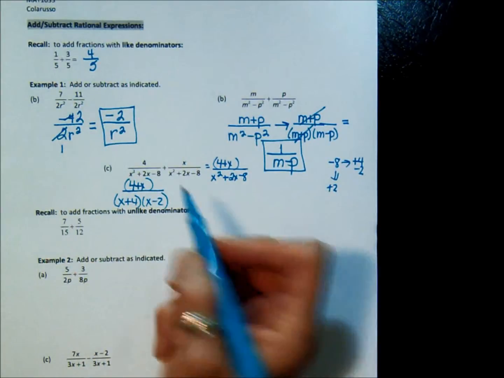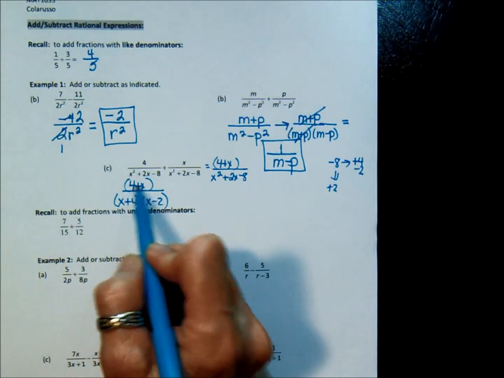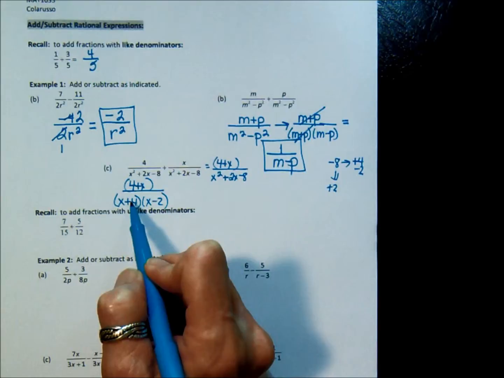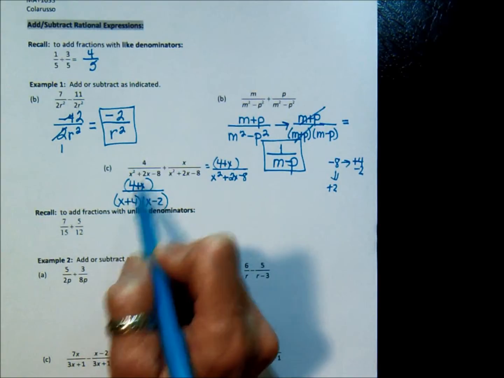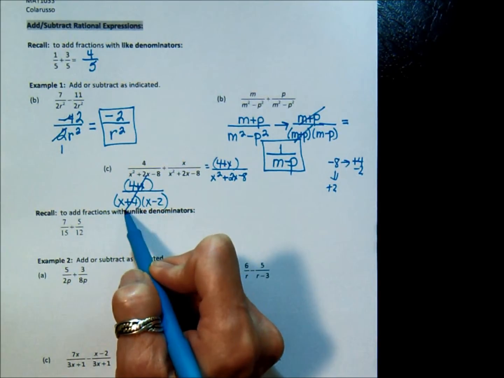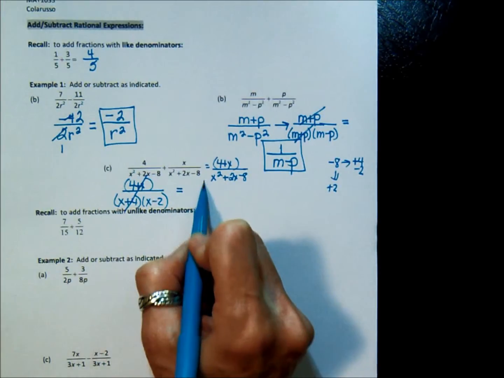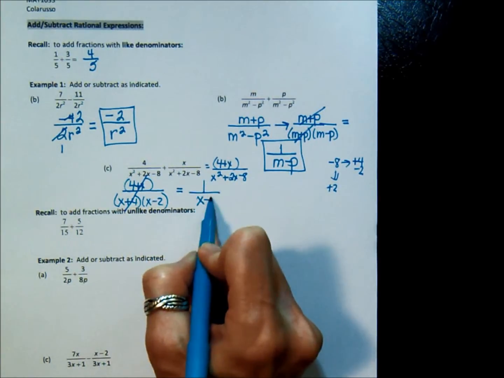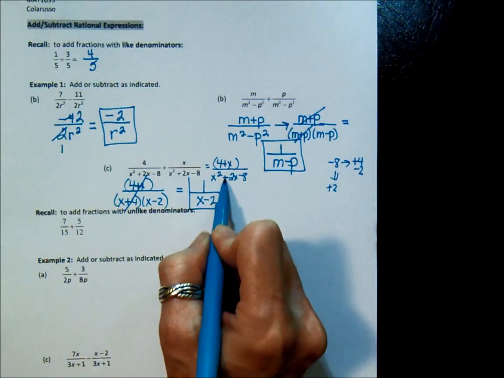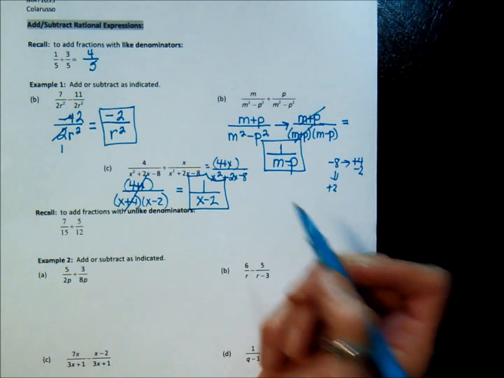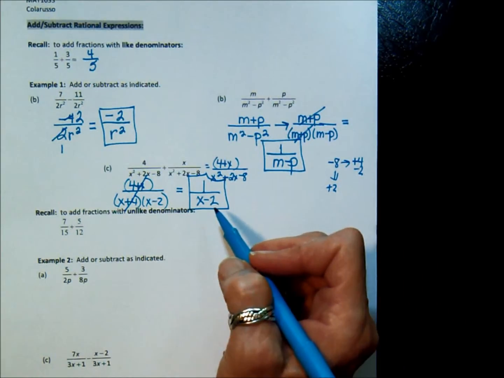We know from a prior video that 4 plus x is the same as x plus 4. They're just in different order addition. So they do cross cancel, and we're left with 1 over x minus 2. So there's still a little bit more work with these than there is with just regular fractions.